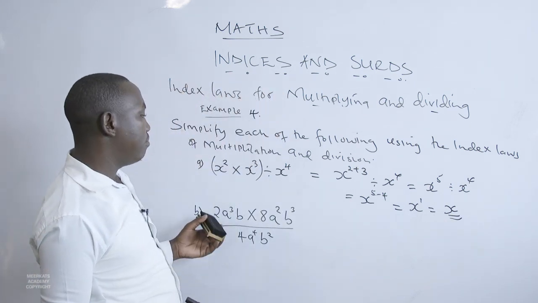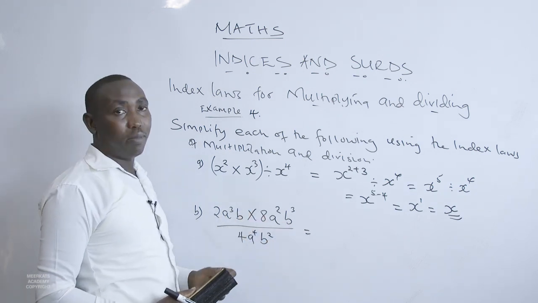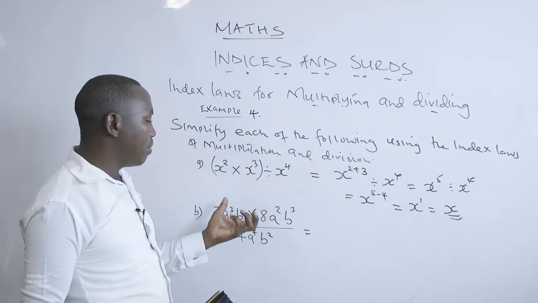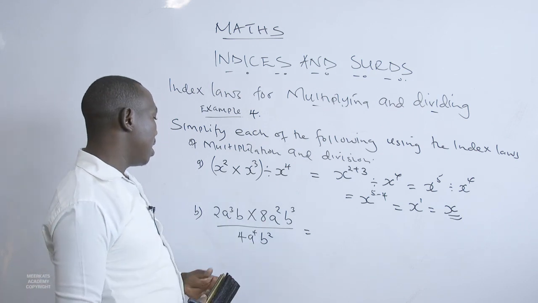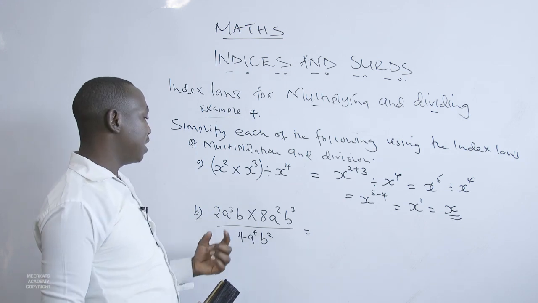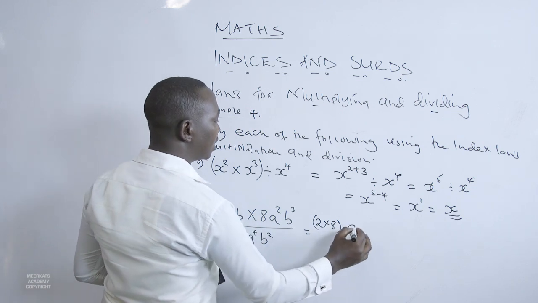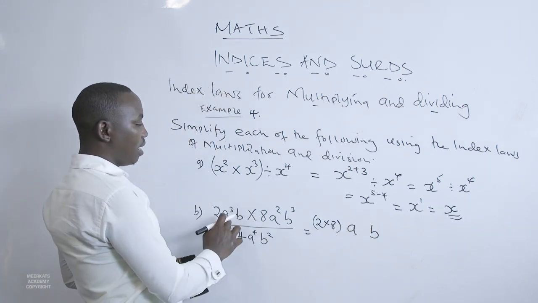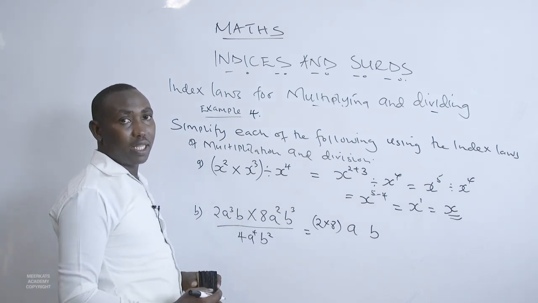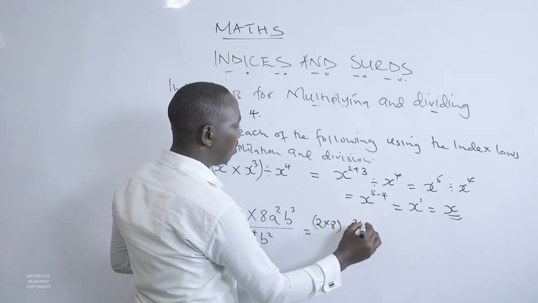Number B, we have the numerator and the denominator, where the numerator requires us to apply the multiplication index law. And as you can see, we have these two constants, 2 and 8, so we multiply them first. So this will give us 2 times 8. Then we have the factors a and b. The first one, a has been raised to 3, a has been raised to 2. So using the multiplication index law, we add the powers, so that will be 3 plus 2.